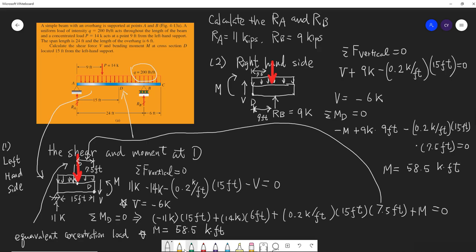You look at the shear here and the shear here: the same. And also the moment is the same.